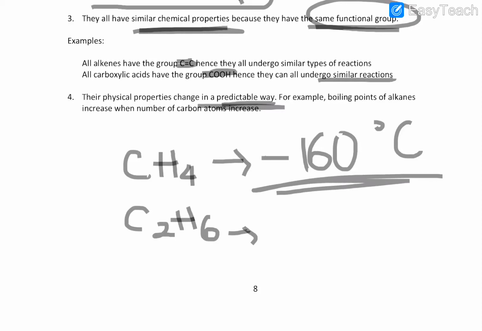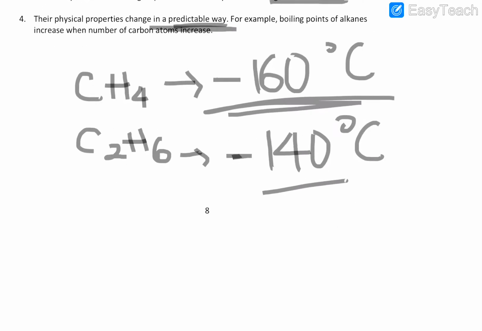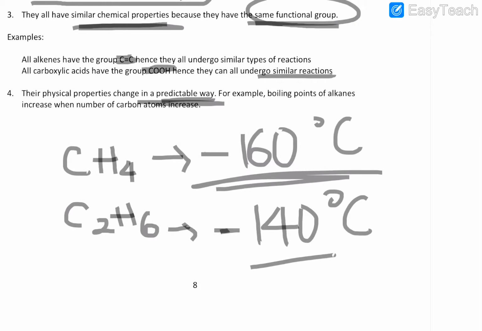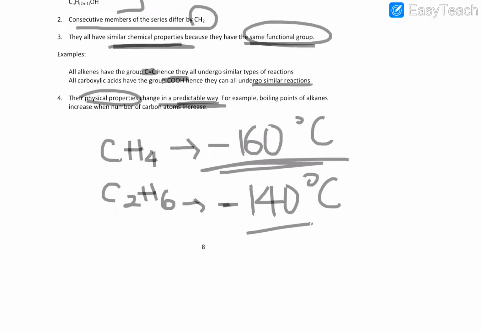So it's going to be minus 140. So that's a higher temperature. So you can predict their physical properties. You can predict density, melting point, boiling point. These are physical properties.